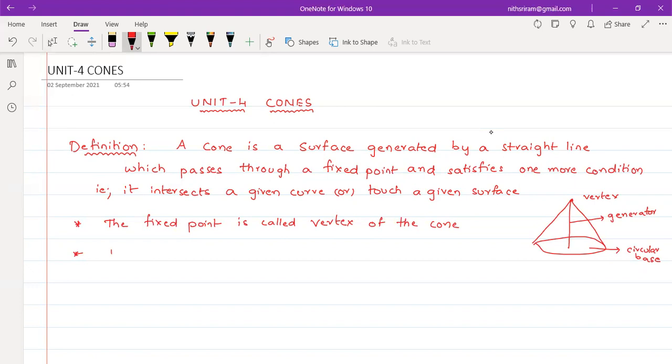And the given curve or surface is called the guiding curve or base curve. So we call the given curve or the surface the guiding curve or base curve of the cone.